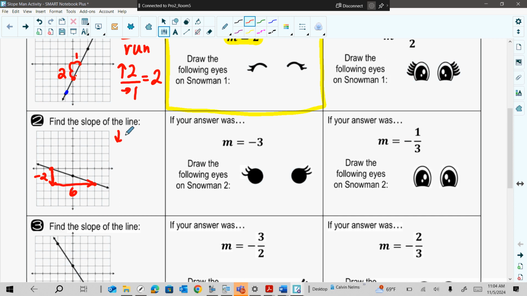So down 2 and to the right 6. That's saying -2 over 6. Yeah, that reduces to -1/3.